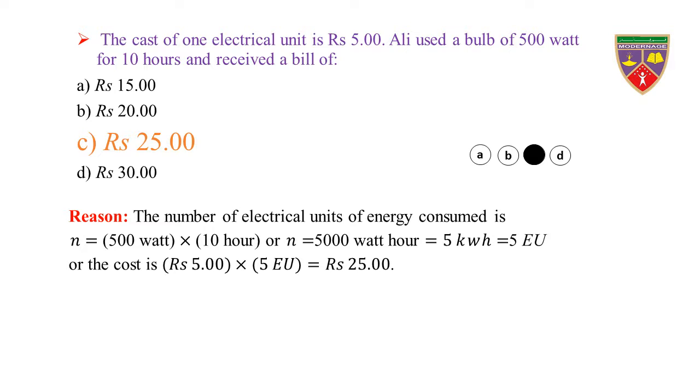The cost is rupees 5 into 5 electrical units, which is equal to rupees 25.00. Hence, Ali received a bill of rupees 25.